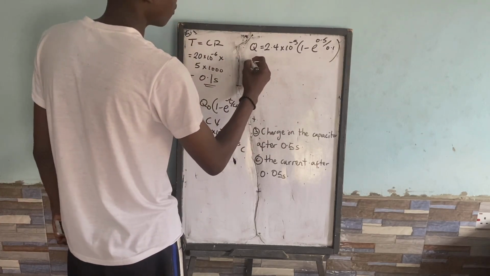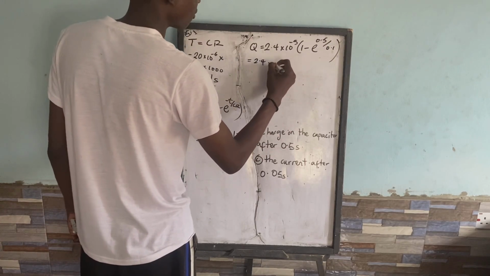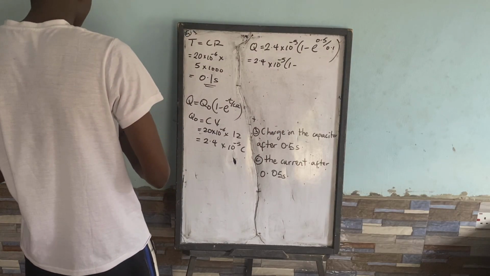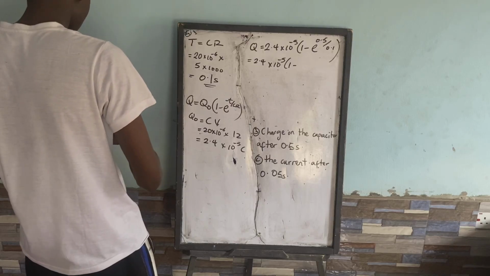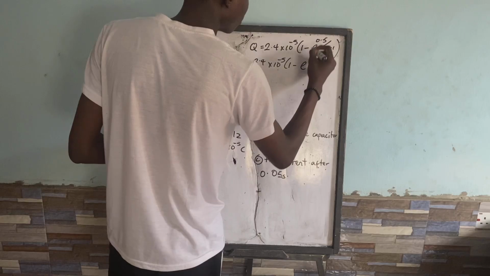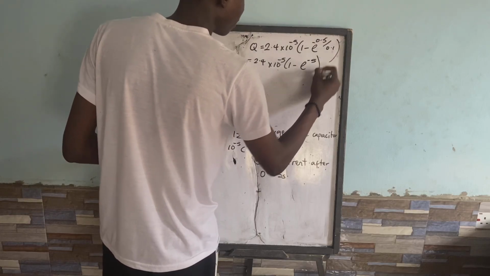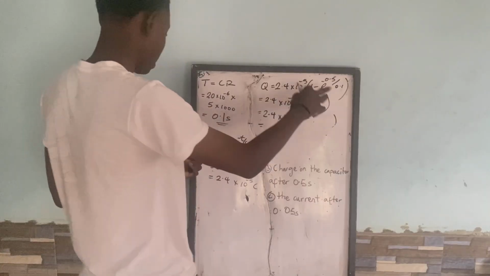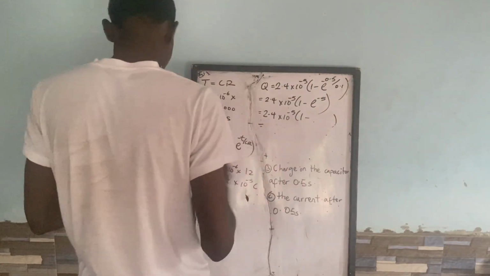Now 0.5 divided by 0.1 is 5. So there's minus exponential minus 5. Are we clear about that? Minus 0.5 over 0.1 will give us minus 5.